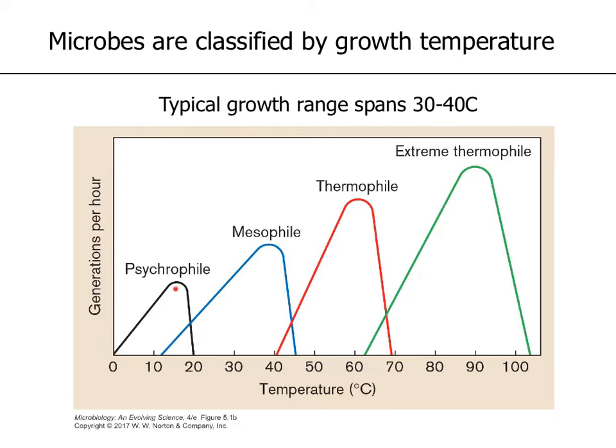But each one of them has an optimum temperature, right? The peak of each one of these has this optimum temperature, and that's where the proteins of these classes of microbes are working most efficiently.